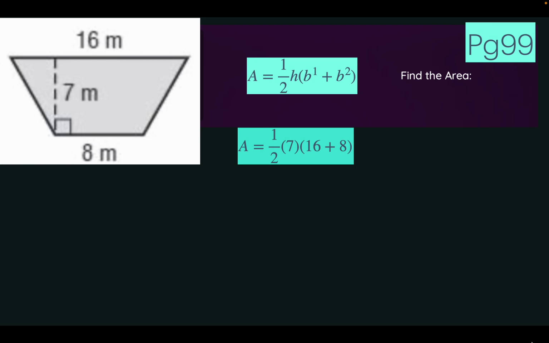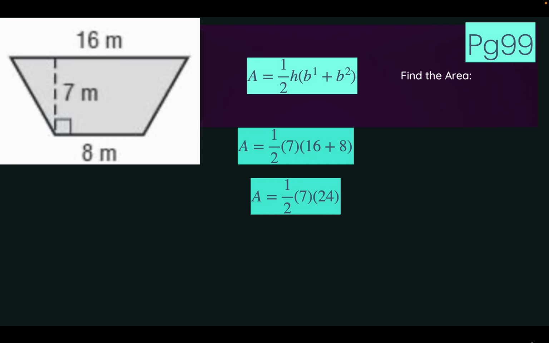So they're plugged in, and order of operations tells me I need to work within my parentheses first. So I have to add 16 plus 8, and I bring everything else down. So bring down A equals 1/2 times 7, but then add 16 plus 8 and bring that down. So now I have A equals 1/2 times 7 times 24.